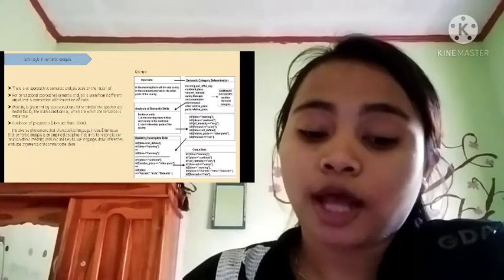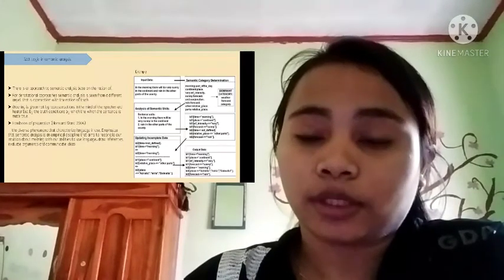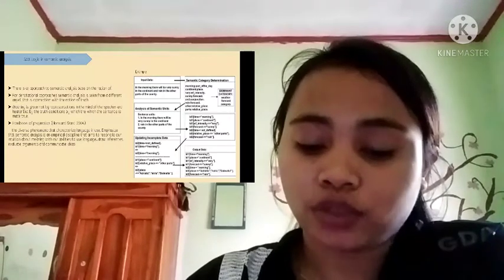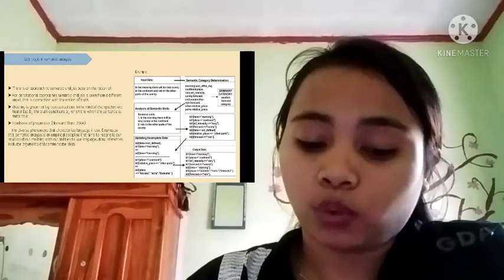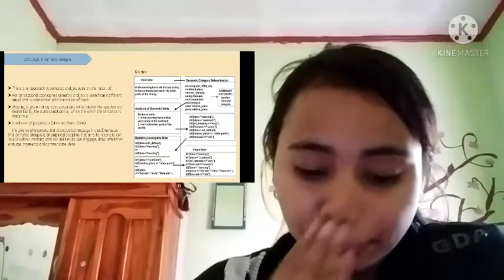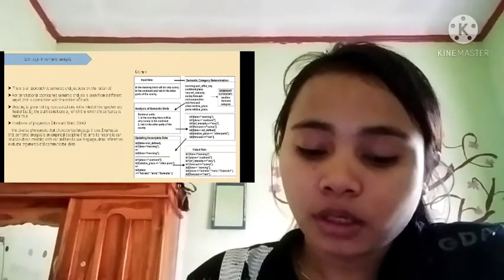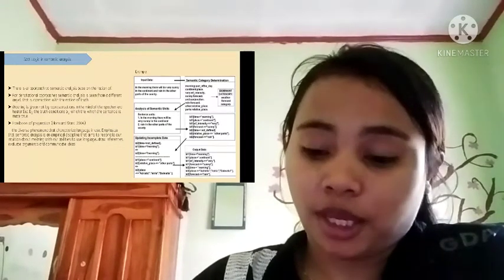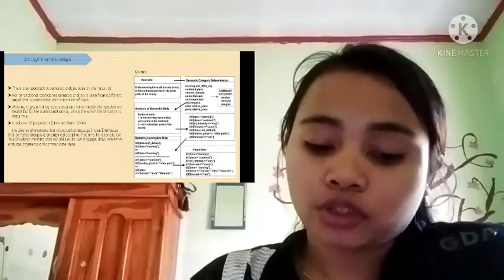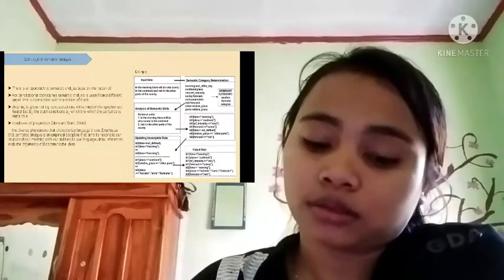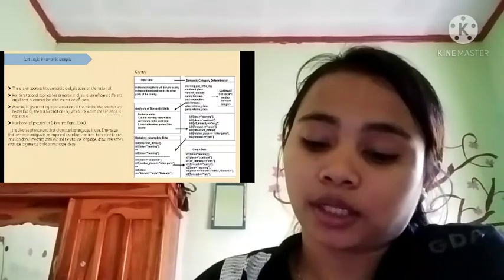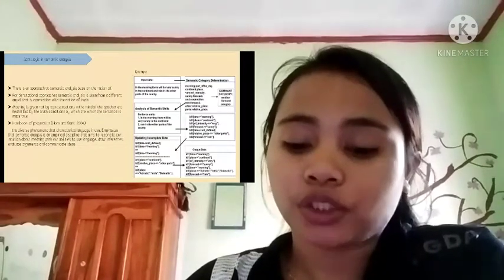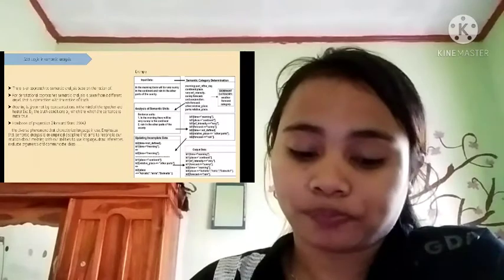There is an approach to semantic analysis based on the notion of, and in relation to, the problem of the difference between sense and reference. There exist two groups of theories. In the representational theory, semantic analysis involves discovering the conceptual structure which underlies language.